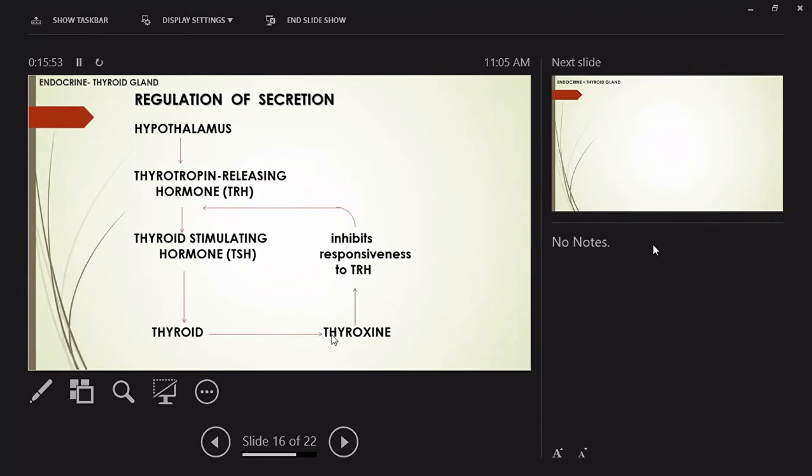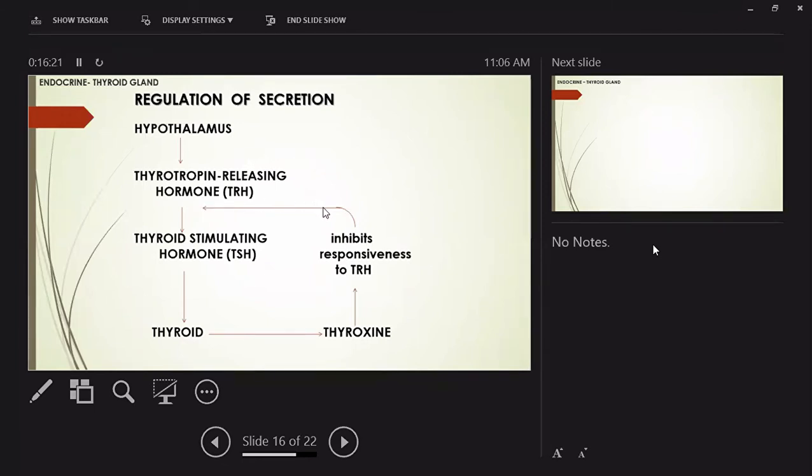Okay. Now it produces thyroxine, the thyroid. Then, if there is already enough level of your thyroxine, it will exert a negative feedback on the hypothalamus to decrease release of your TRH, thyrotropin releasing hormone.